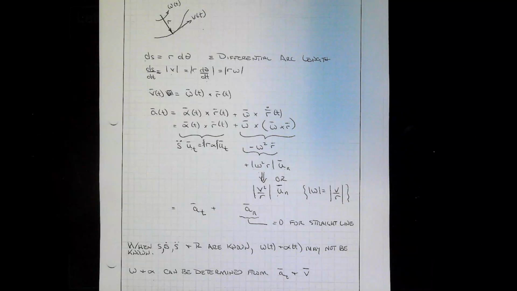So S is distance along the path. S dot is speed along the path. Note that this is a scalar, not a vector. However, we can take the speed along the path and multiply by the current tangential unit vector to create the velocity, so we'd have a magnitude and a direction vector. And acceleration along the path is simply S double dot, again, times UT.